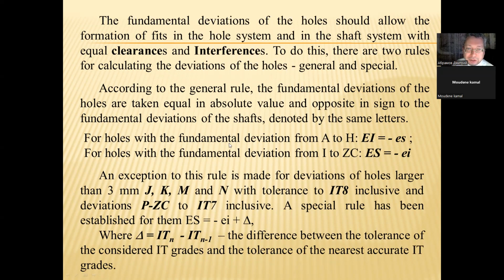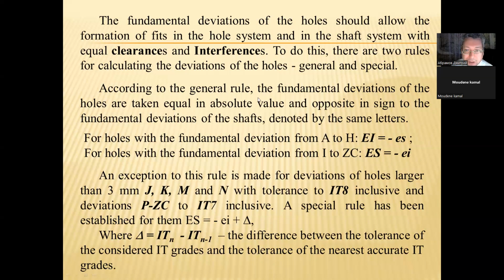According to the general rule, the fundamental deviations of the holes are taken equal in absolute value and opposite in sign to the fundamental deviation of the shafts, denoted by the same letters.